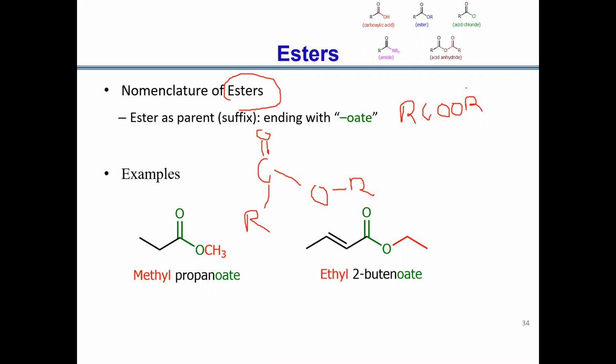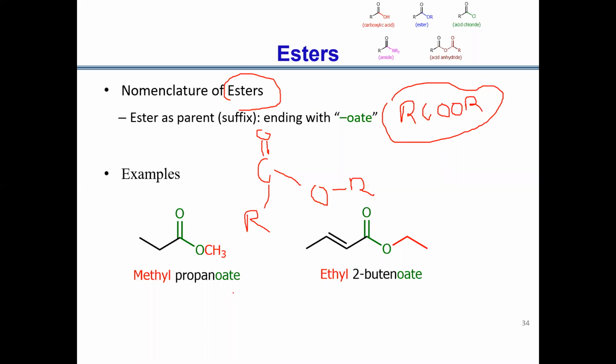Does anyone know how we get these esters? What do we use to make these esters? The reactants for these, you might have heard about esterification. What do we use in esterification? Yes, absolutely. We use the carboxylic acid and the alcohol. Very good.